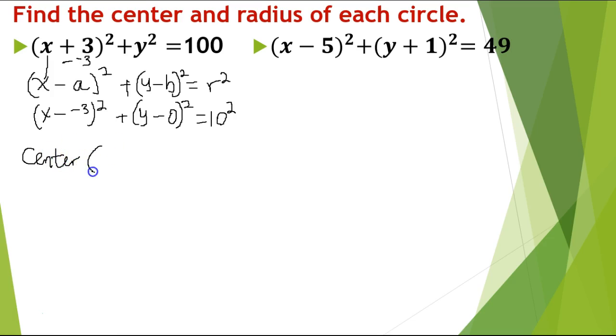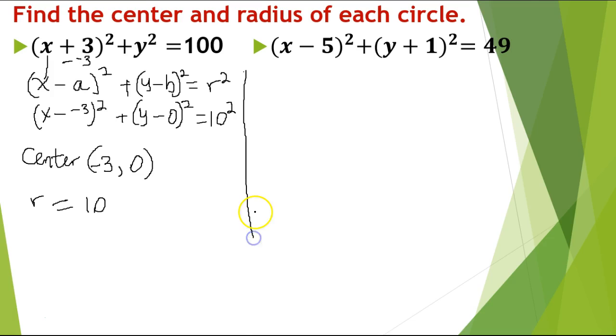The center of the circle is an ordered pair. You can see it. x is -3, and then y is 0, and then the radius is 10. Okay, that's it.